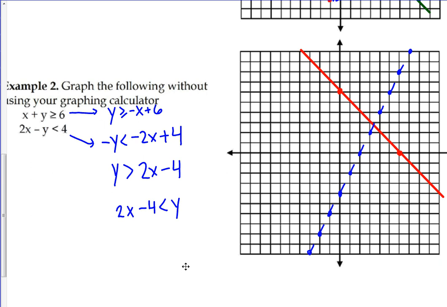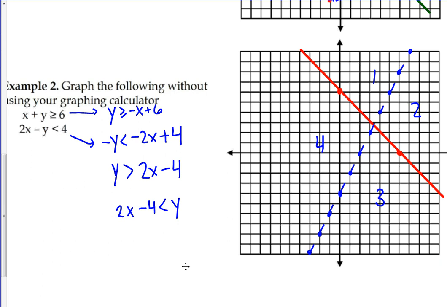All right, there's 4 spots. The question is, 1, 2, 3, 4. Where are we shading? Only one of those gets shaded for this. Is it 1?